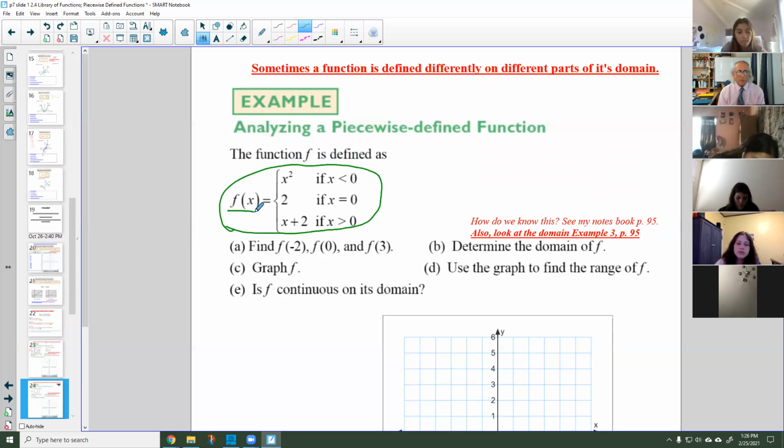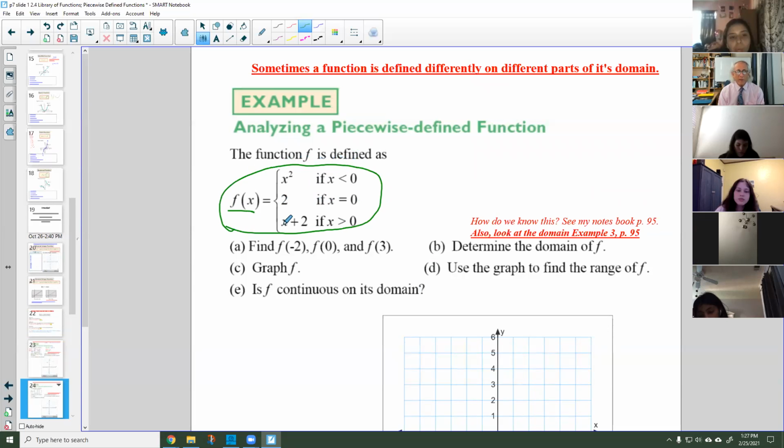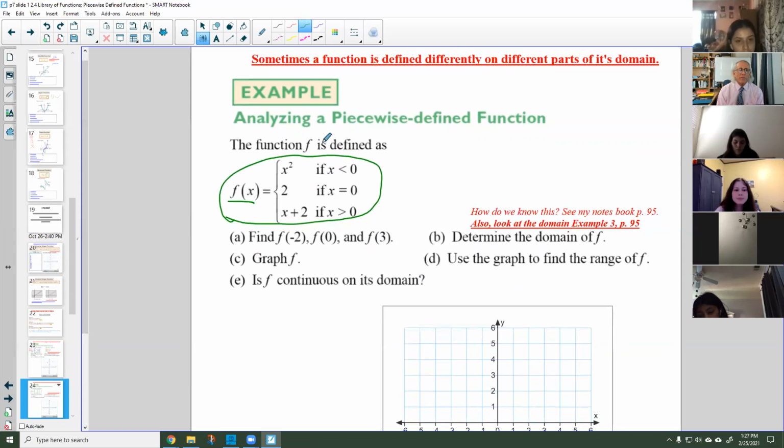It says f of x is equal to that, if that, that, if that, and that, if that. But it is just a single function. So when I want to find the domain for this function, I am going to focus on these things right here, because these things are telling me the domain of each piece of the function.